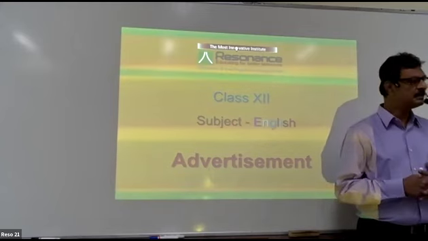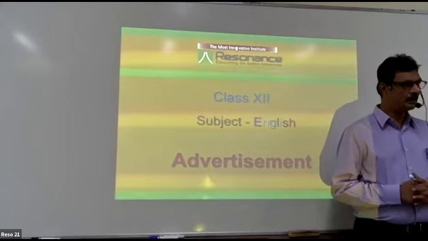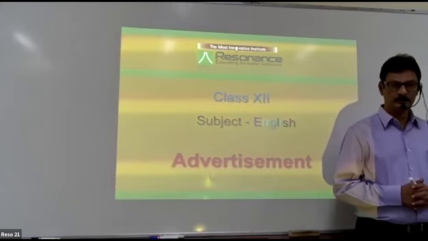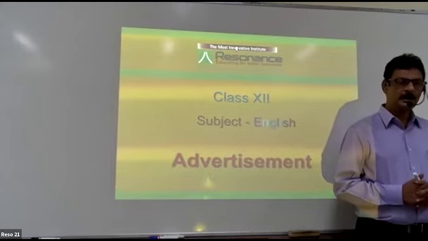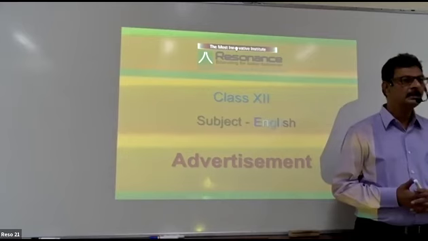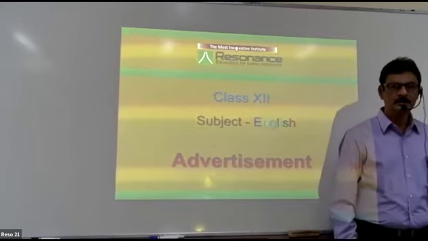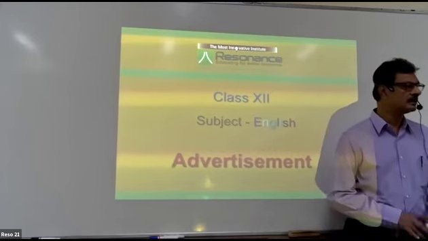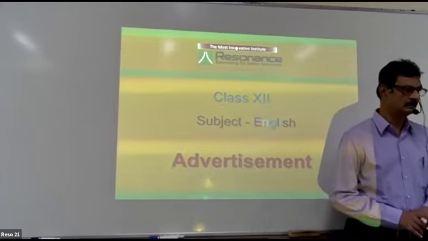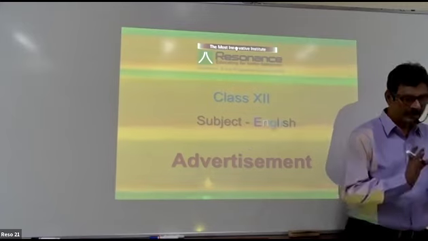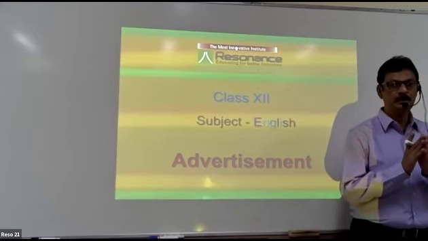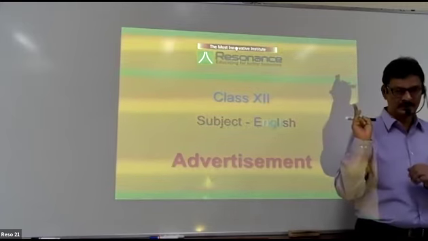And advertisement for the classified columns are a part of the syllabus. And there are many subheadings where this advertisement for the classified column is concerned. The ingredients, the points to remember where advertisement is concerned.